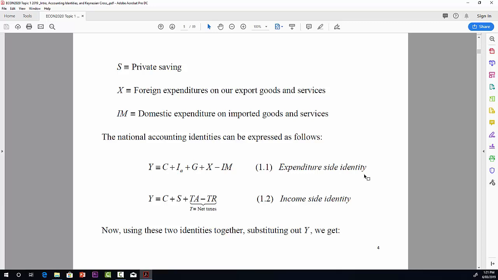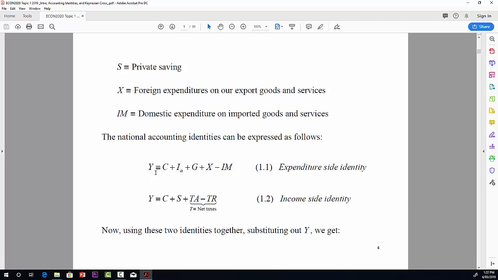Now, you may recall from your first year economics course, the national accounting identities can be expressed in two different ways. First of all, what's called the expenditure side identity, and I'm going to call this equation 1.1. Throughout these notes, I'm going to try to number these equations to keep it easy to refer back to them when we need to.